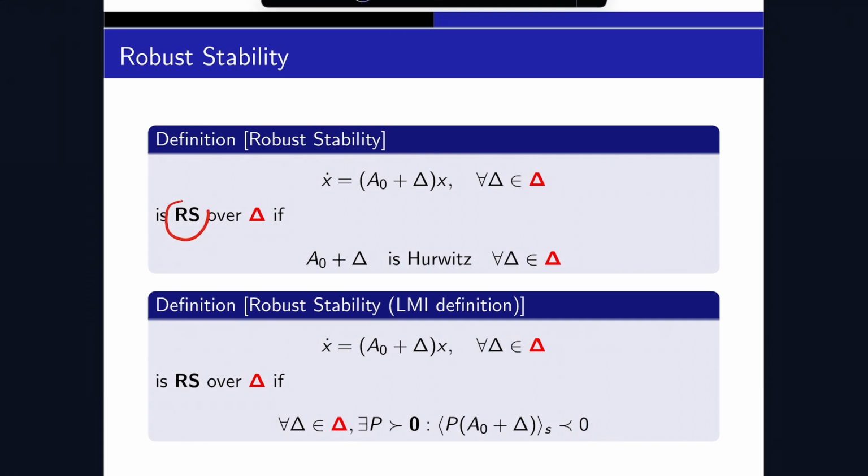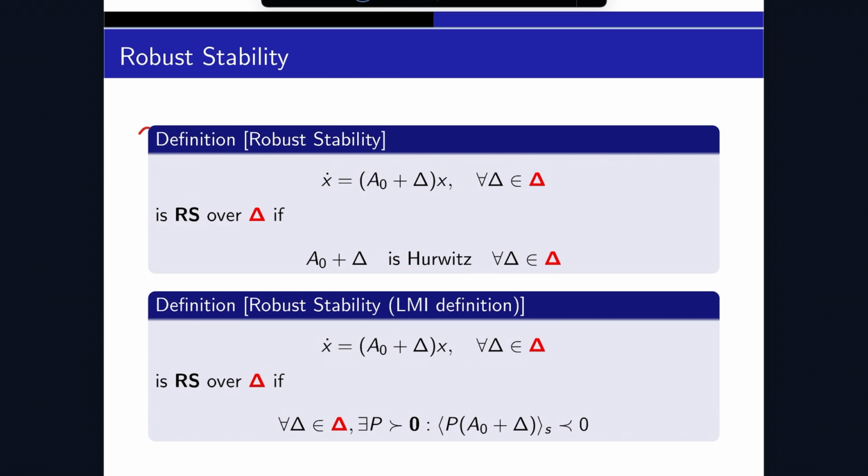Okay, so again, RS, robust stability: this given system is robust stable, and has the robust stability property, if this state matrix is Hurwitz for all delta in the set, right?